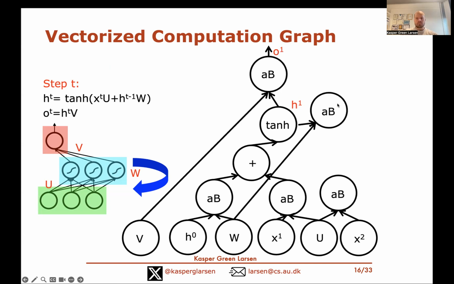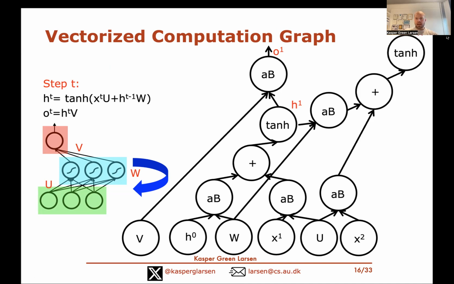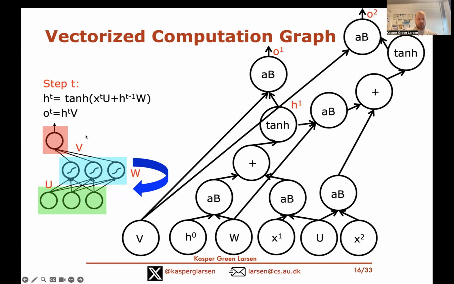We sum these two vectors and apply the hyperbolic tangent to get the h2 output. We then multiply this with V in a vector matrix product to get the O2 output, and so on. You can just unfold all of these steps into a very large computation graph. It becomes very deep, because the output h1 is fed into the next part of the computation, and so on. But basically we just unfold it into a computation graph.